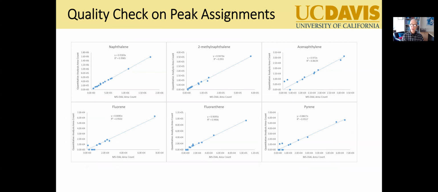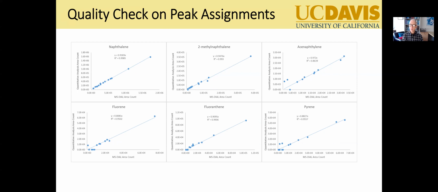And so on the y-axis of each of these 6 graphs is the area count we got out of the Agilent quantitative analysis program for known target compounds that are labeled, these 6 compounds that are labeled here. On the x-axis are the MS-DIAL area counts for things that were automatically identified without telling the program that these were these compounds. It pulled these out and it identified them, and it came up with an area count that is strongly linearly related to the area count that we got from the quantitative analysis program.